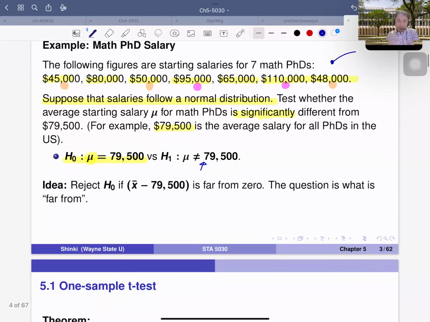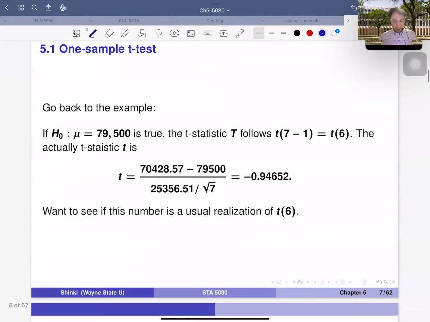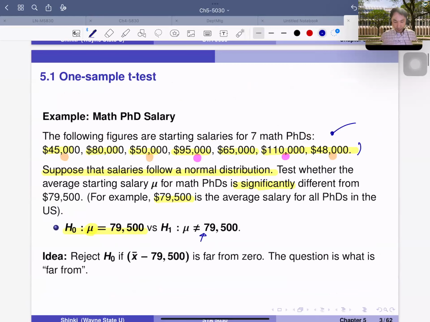And how to judge this? Maybe at first you can calculate the sample mean. The sample mean is, I think, 75,000 or something. So you can calculate this. I think somewhere I have slides, but yeah. The average is actually approximately 70,400.